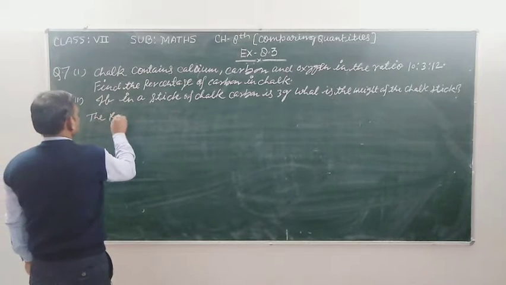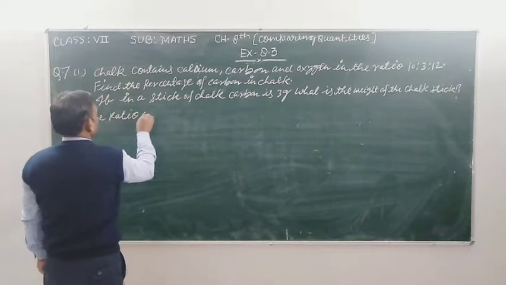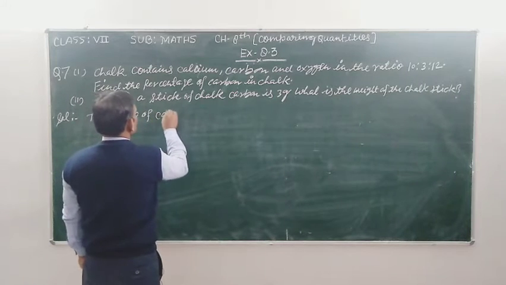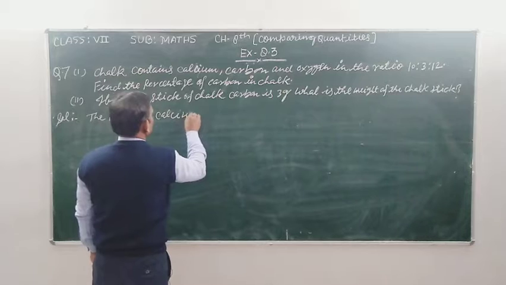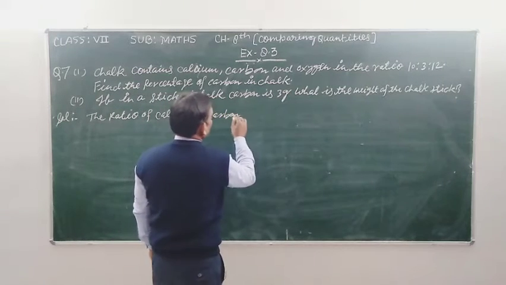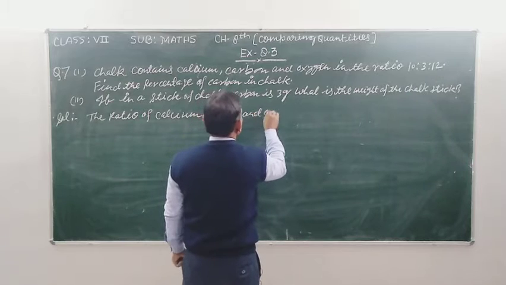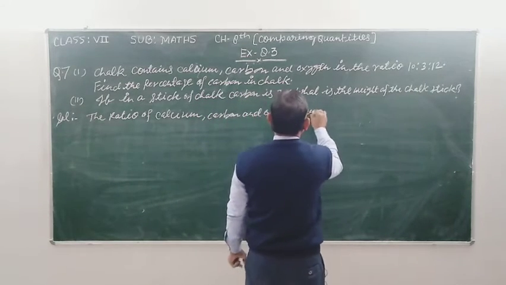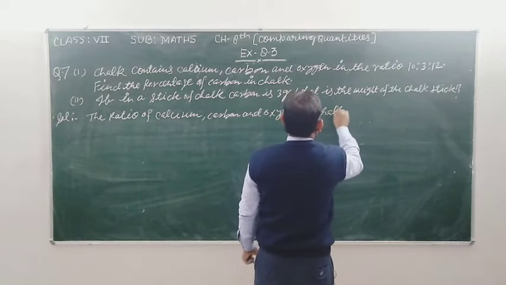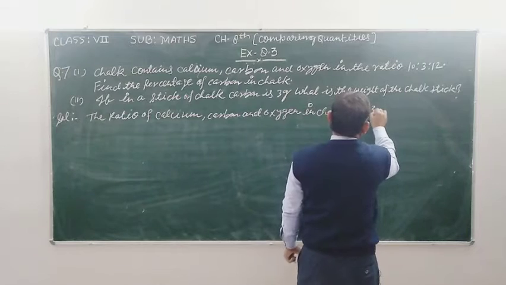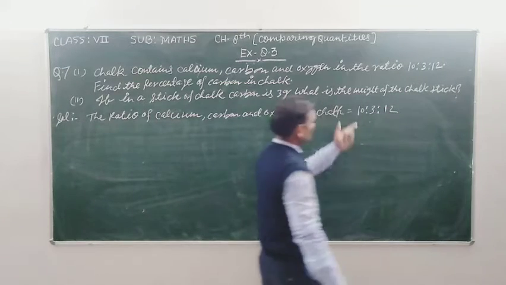The ratio of calcium, carbon and oxygen in chalk is equal to 10 is to 3 is to 12. This is given.